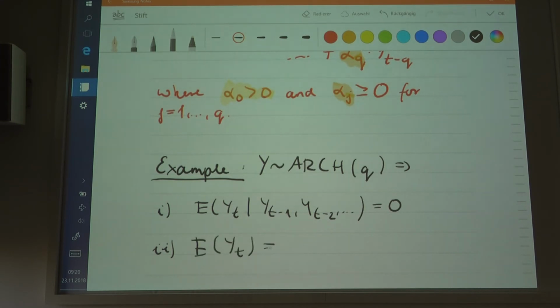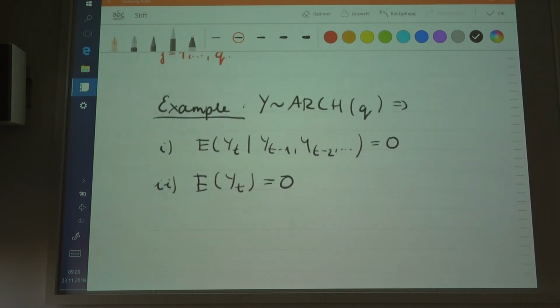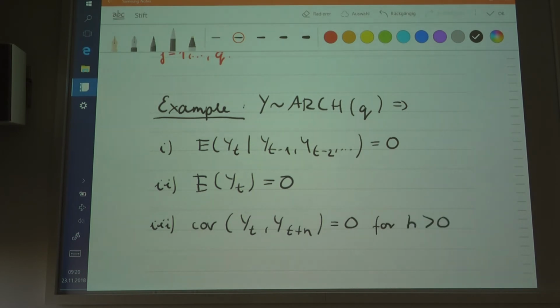This is true for all autoregressive conditional heteroscedastic processes. And the process is free of serial correlation, so the autocovariances of the process are also 0, for all h greater than 0.